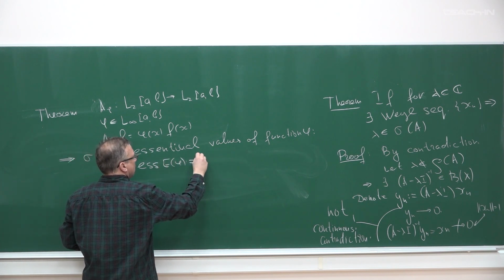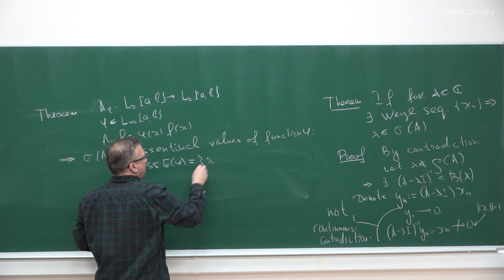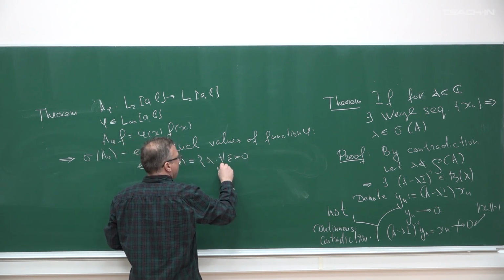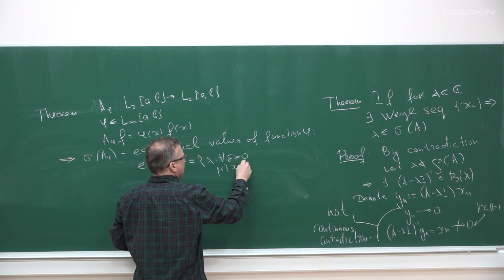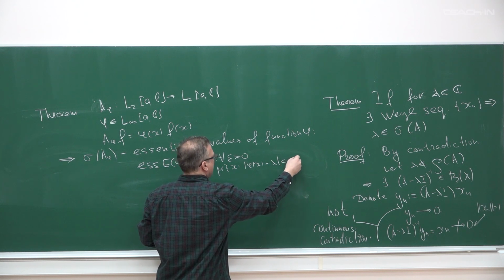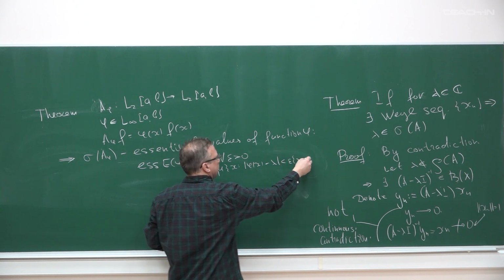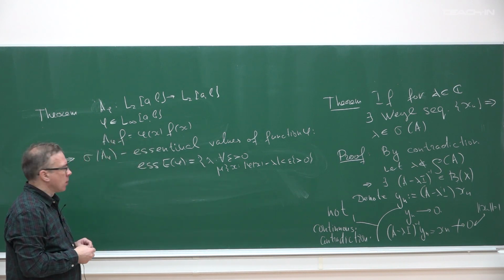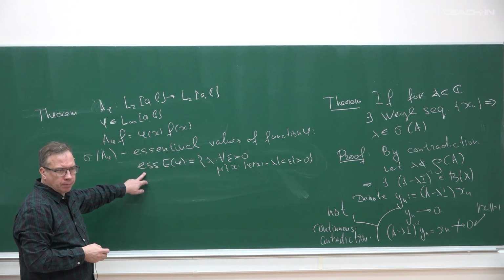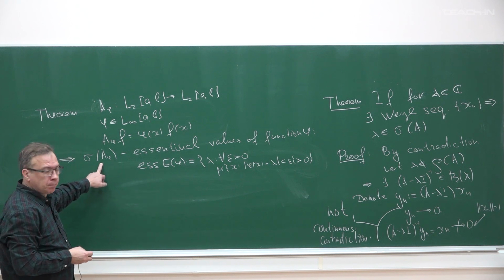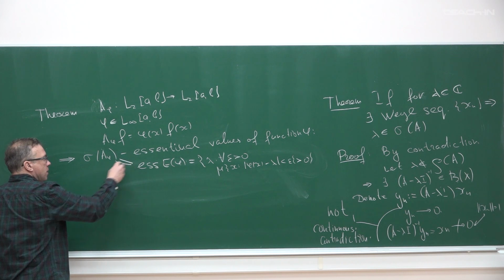It is just the set of such lambda that for any positive epsilon, the measure of such x that the absolute value of phi of x minus lambda is less than epsilon is positive. It is just a definition of this set. All this set is just the spectrum of the operator. So they are the same.